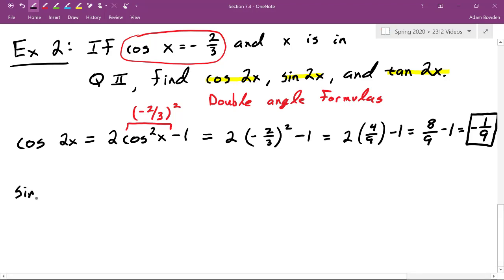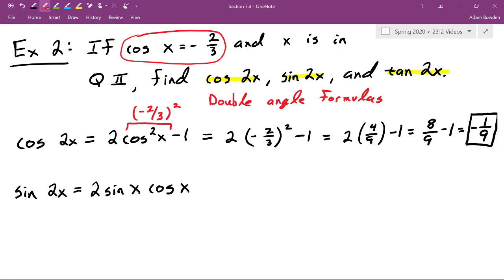Now if I look at the sine 2x and how I'm going to calculate it, the double angle formula for the sine 2x is 2 sine x cosine x. Now in this case I can plug in for the cosine, but I'm left to wonder what the value of the sine is to plug in for the sine x. So in order to proceed here, I need to find out what the sine of x is equal to.